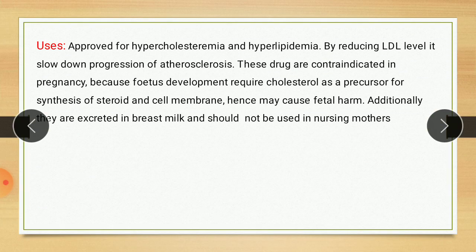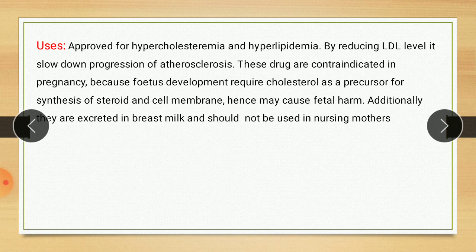Then the uses of HMG-CoA reductase inhibitors. These drugs are approved for hypercholesterolemia and hyperlipidemia. By reducing LDL levels, they slow down the progression of atherosclerosis. These drugs are contraindicated in pregnancy. Contraindicated means not used in pregnancy, because the fetus means the baby inside the womb.